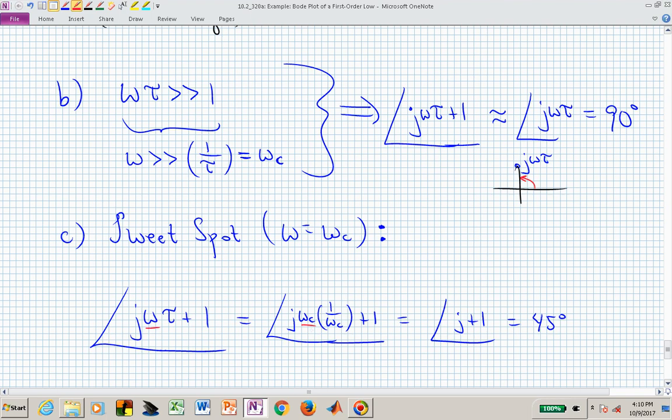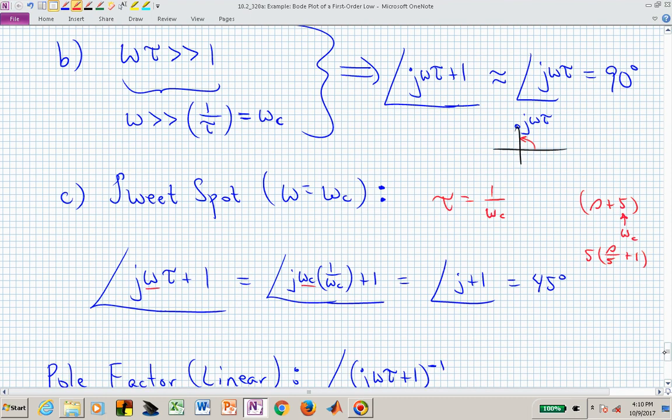Tau, remember, is just 1 over omega sub c. That's our relationship with tau. Remember, we had this s plus 5, and this was our omega sub c, and we factored that 5 out, and we ended up with s over 5 plus 1, so tau was 1 over omega sub c.